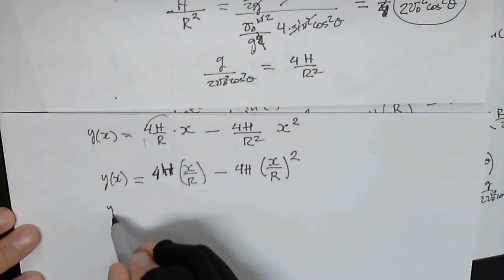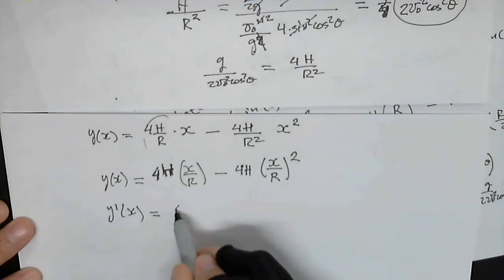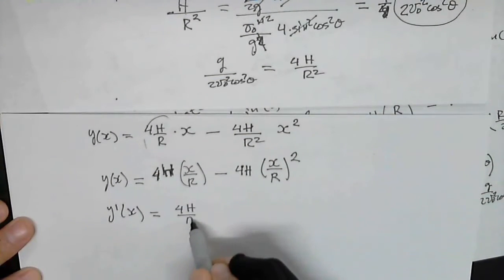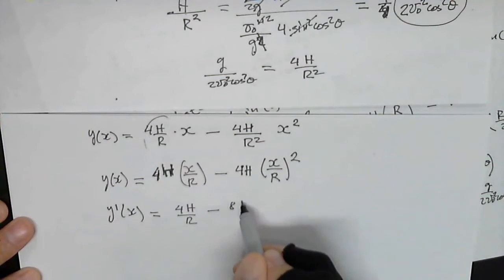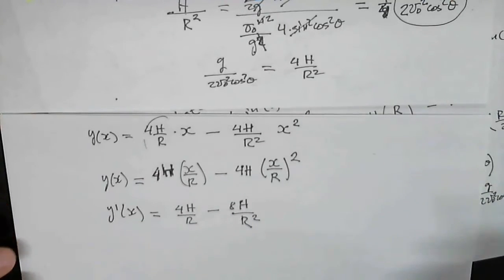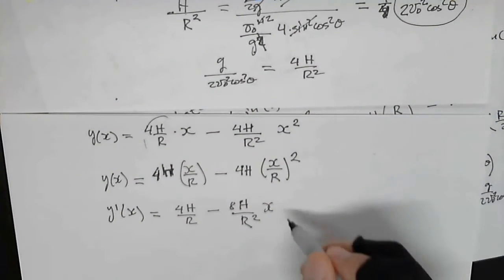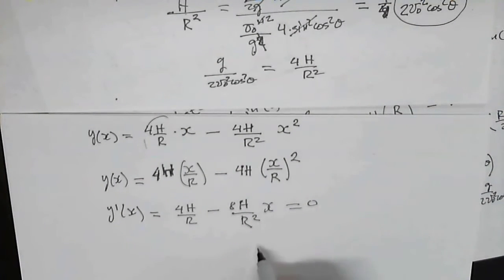Now if you take the derivative, it is 4h over r minus 8h over r squared x. Set that to 0.